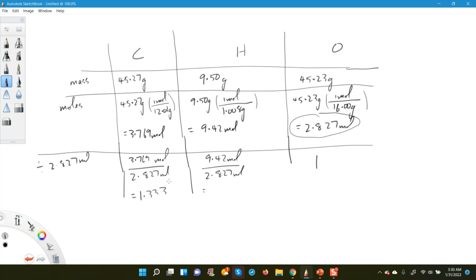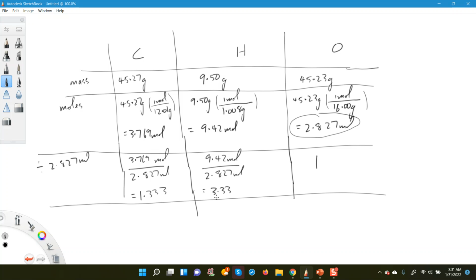And in the case of hydrogen, 9.42 divided by 2.827 gives 3.33. Now this case is a bit different from the first example we worked, because you'll notice at this stage we have a recurring 3 after the decimal point, here and for hydrogen as well.